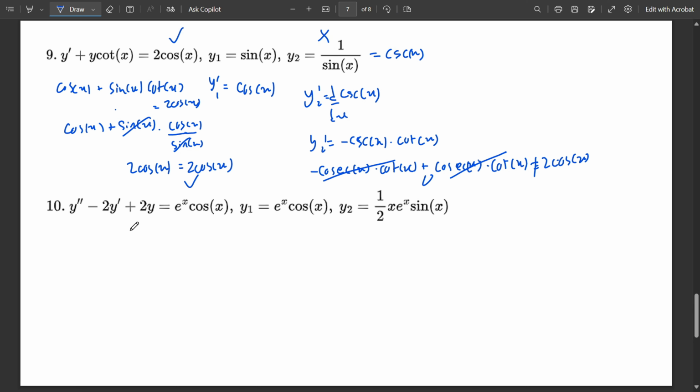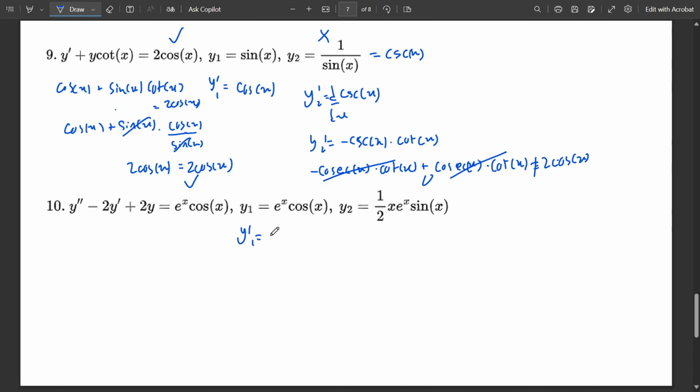Okay, next. So we have y double prime minus 2y prime plus 2y equals e to the x cosine of x. Well, we have two proposed solutions, and this is y prime. So we need to get to the second derivative.